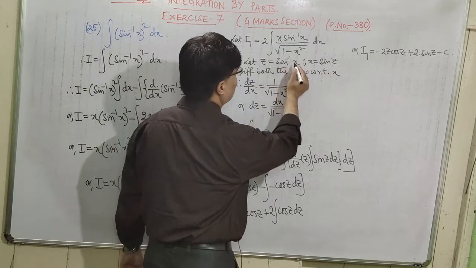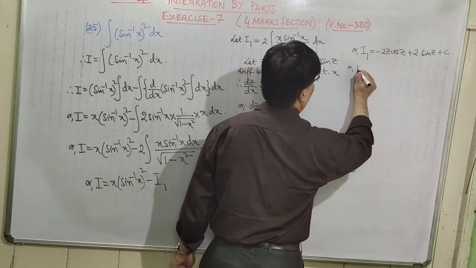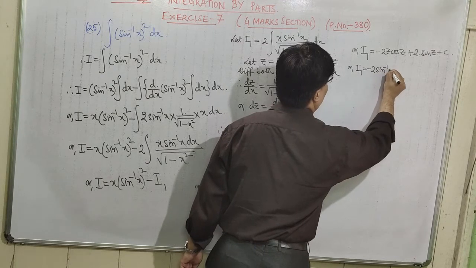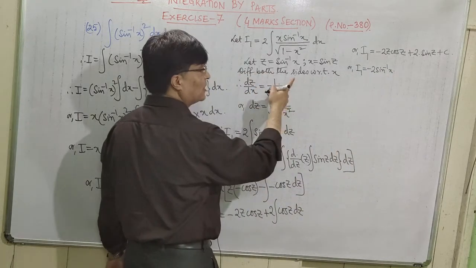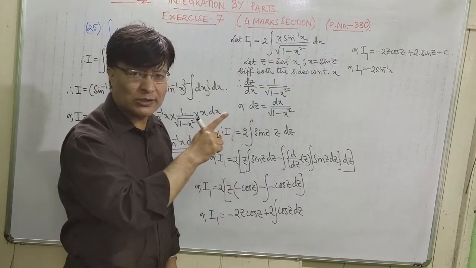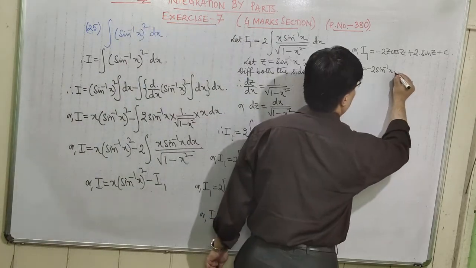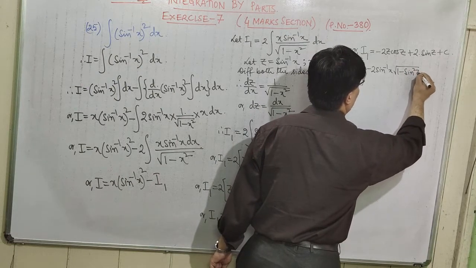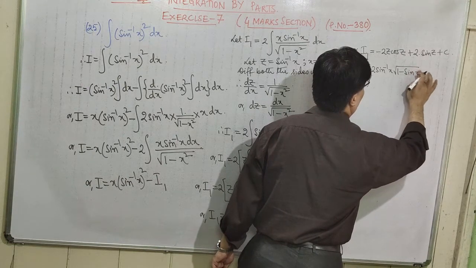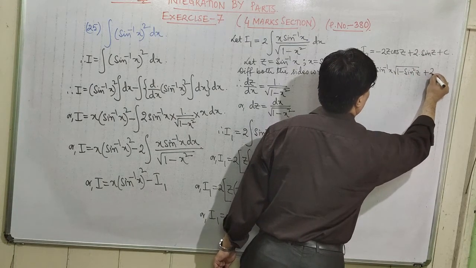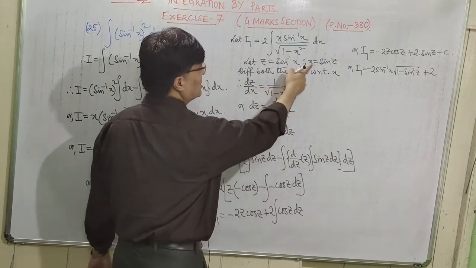So what is z here? Sine inverse x, or I1 is equal to minus 2, this is sine inverse x into, what is cos z? But we have got the value for sine z. Let us express cos z in terms of sine z. So it is root over 1 minus sine square z, plus 2 into, what is sine z? It is x.